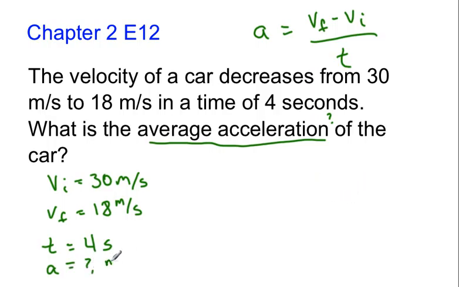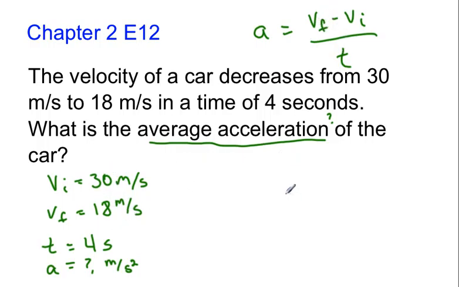The unit for acceleration is meters per second squared. Everything's in meters per second or seconds, so we're good there. If we had something like kilometers per hour, we would have to convert that to meters per second, because we usually put our acceleration in meters per second squared. All we have to do is plug the numbers into the equation.